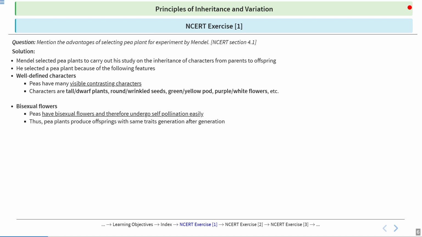Pollen from the anther of one flower is transferred to the stigma of another flower. Clear? This can lead to new combinations of traits in the progeny, and the traits present in the parents might be lost. But with self-pollination, the traits can be maintained generation after generation.